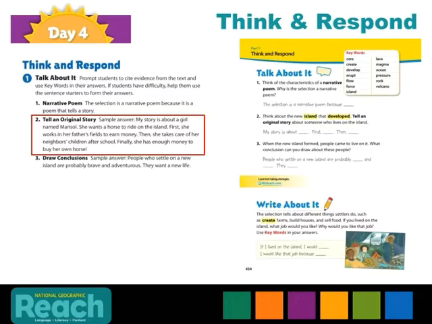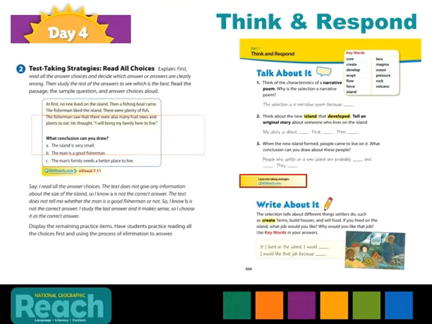Notice step number 2 in the Talk About It section also has students applying the language function they first learned on Day 1. You can see how tightly scaffolded Reach is to promote student success. Step 2 in the Think and Respond lesson, Test-Taking Strategies, provides detailed instruction for teaching students a strategy they can use when they take any type of test. Notice you will be using an e-visual to deliver this instruction.